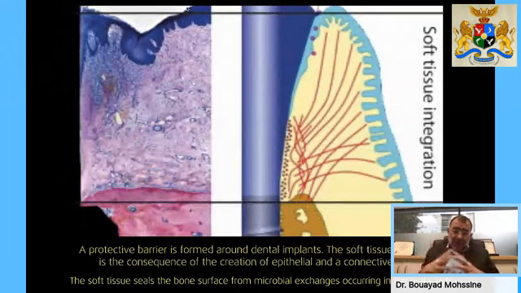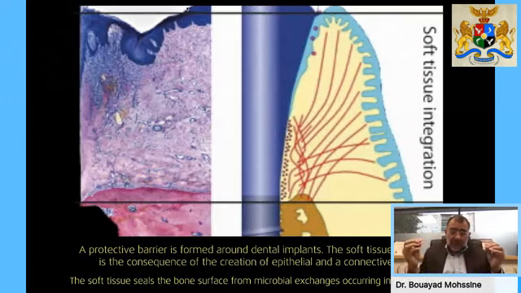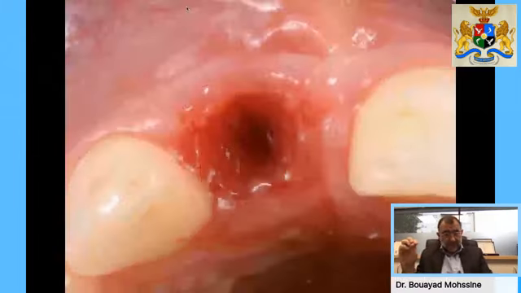During the healing, you have a protective barrier formed around the dental implant. The soft tissue integration is the consequence of the creation of epithelial and connective tissue. The soft tissue seals the bone surface from microbial exchanges occurring in the oral cavity.